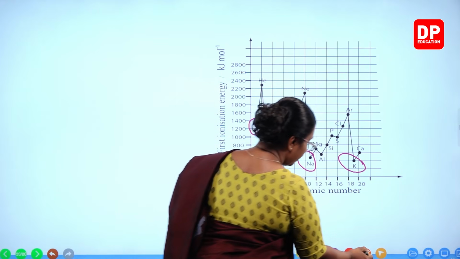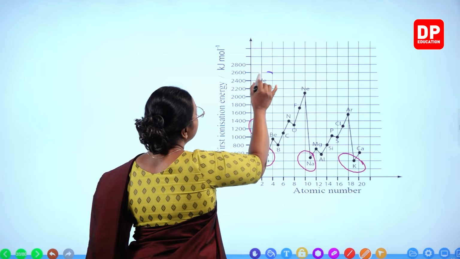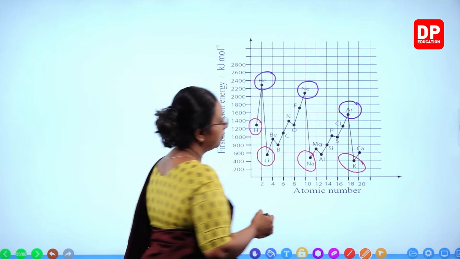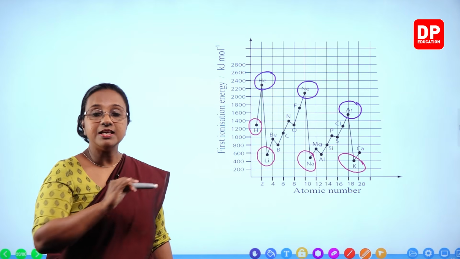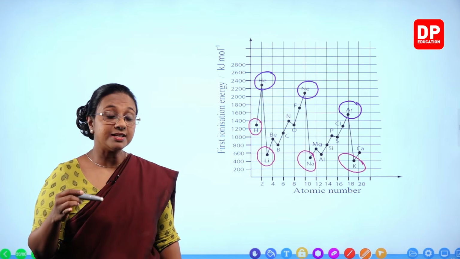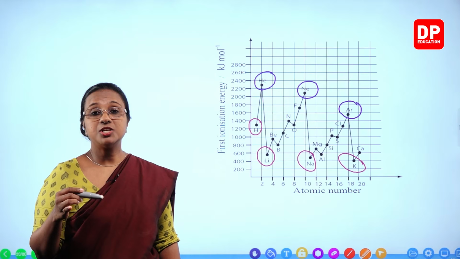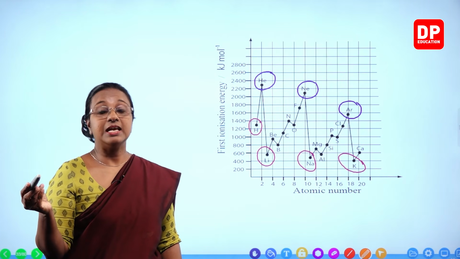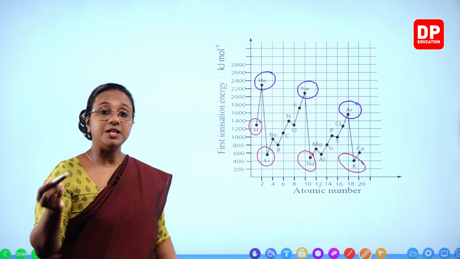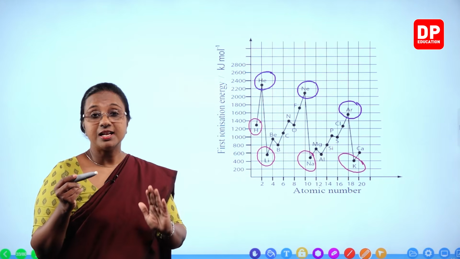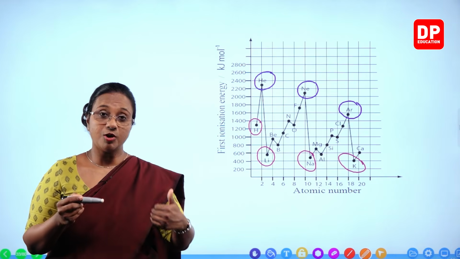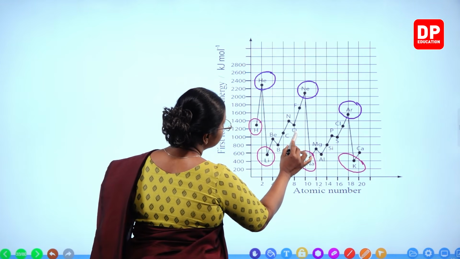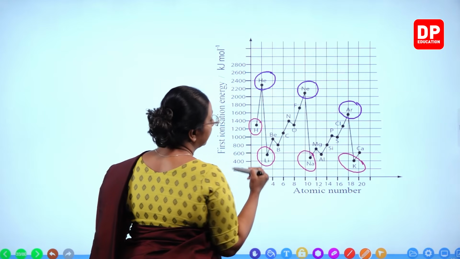The same way you can see here, helium group 8, neon group 8, argon group 8. Always in each period, group 1 has the lowest first ionization energy, group 8 has the highest first ionization energy. You all know across the period from left to right, the first ionization energy increases according to a pattern. So here there is an increase. Here you can see the zigzag pattern, but still it increases.